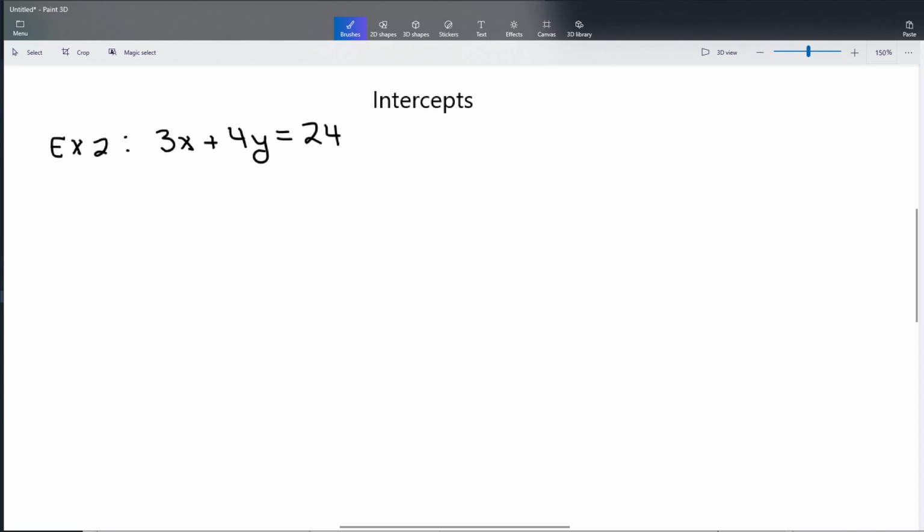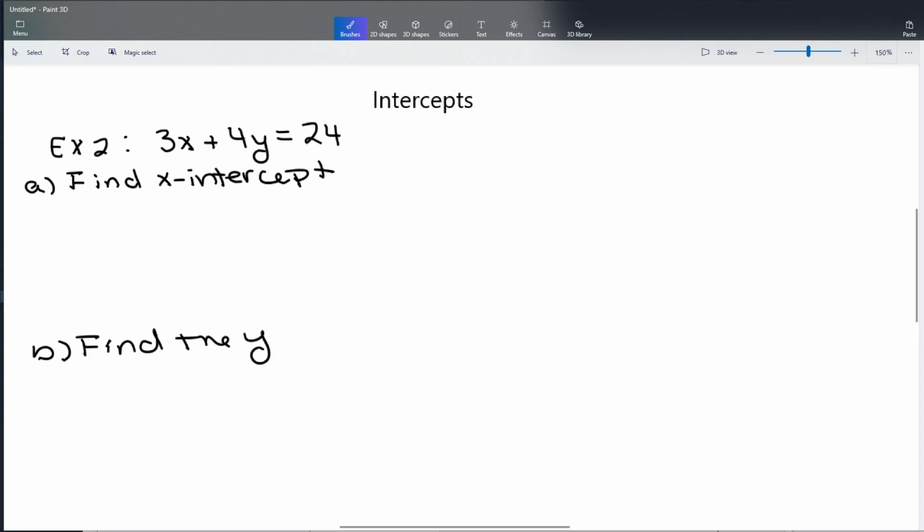Now, to find the x and y intercepts, for part A, we'll find the x-intercept, and then for part B, we'll find the y-intercept. To do that, we're going to use what we saw in the previous example.